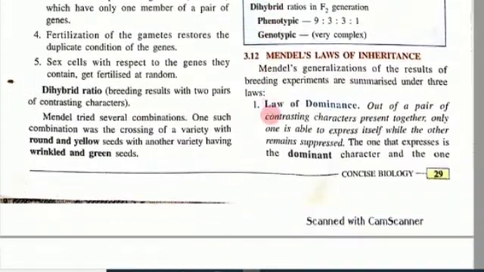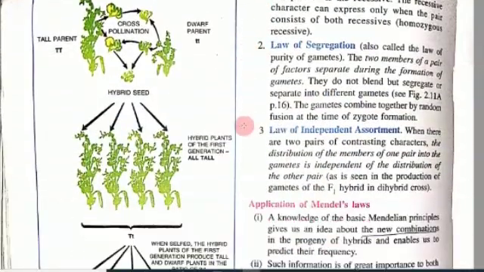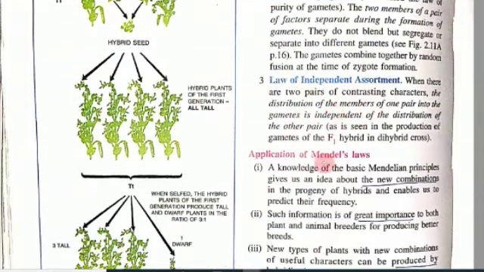This shows independent assortment during offspring formation.